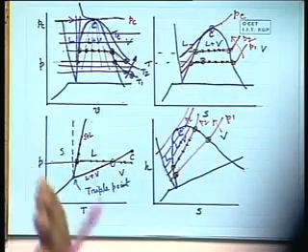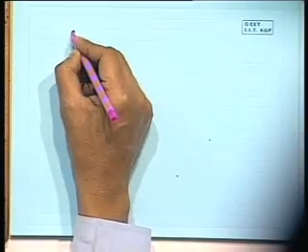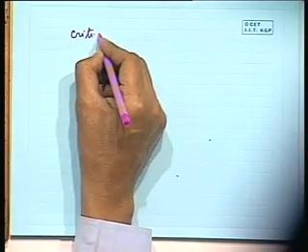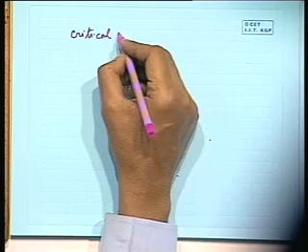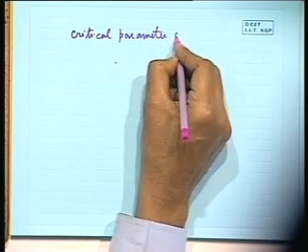Take water, for example. Above critical pressure, water at this temperature, water at that temperature, having a property of this, having a property of that, but there is no distinction at all. Now I tell you the values, so you can understand better. Write the critical parameters of water.